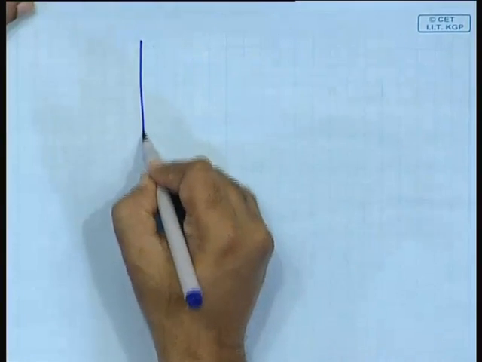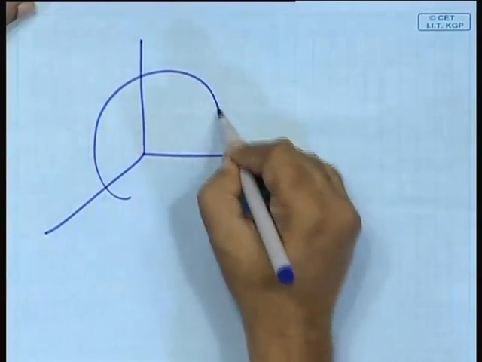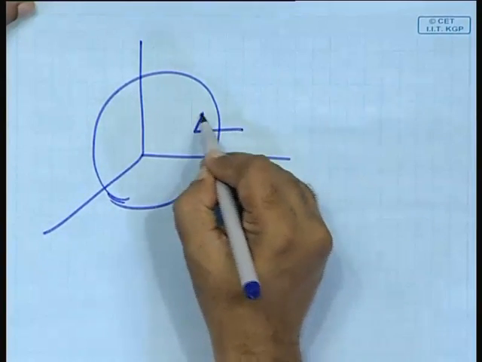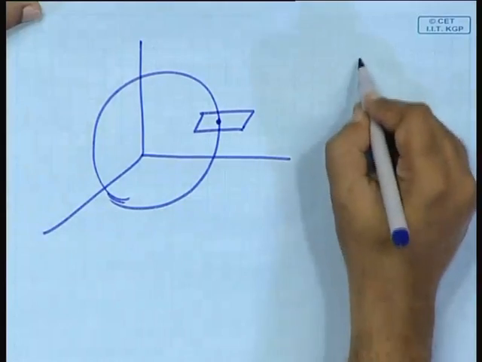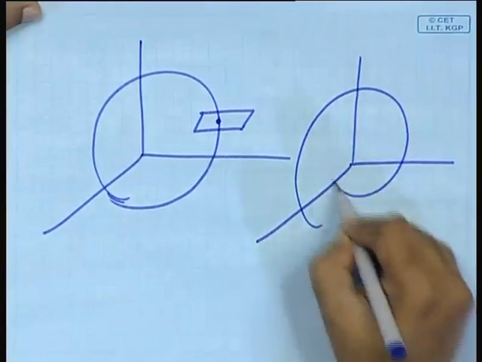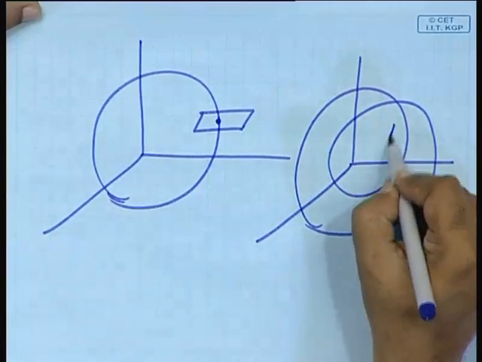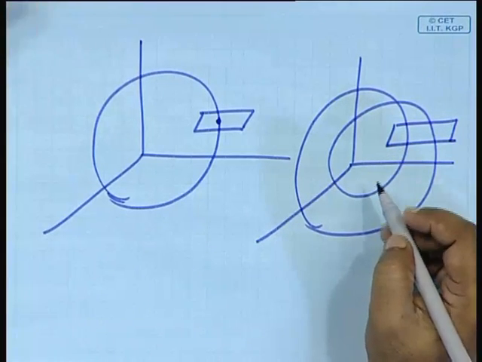So, suppose you have a single limit cycle like this in steady state, and you have placed a Poincare section. What will you see? A point. Suppose you have a period 2 limit cycle and you have placed a Poincare section. What will you see? 2 points.